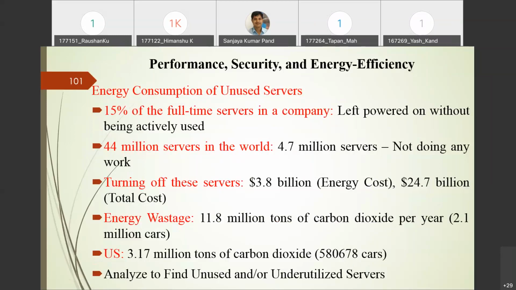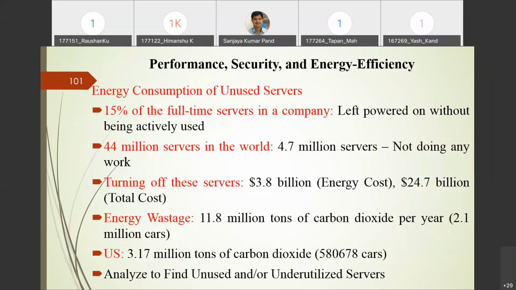If we design a particular policy where we can save the power of these 4.7 million servers, or while executing we call it the energy, then we can say an energy efficient system can be designed. We have to design policies to put these servers in switch off mode or sleep mode.